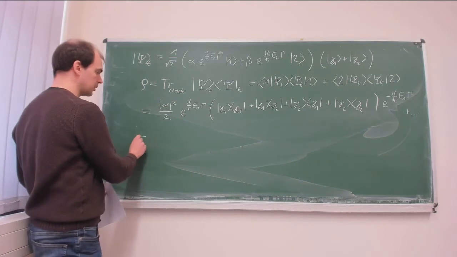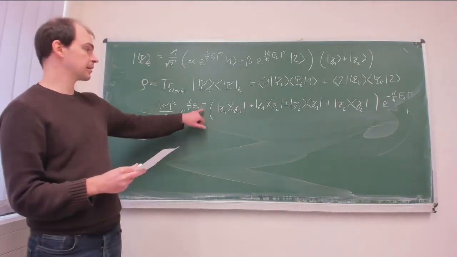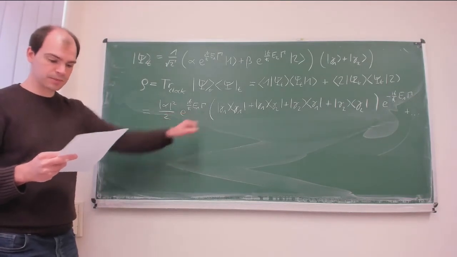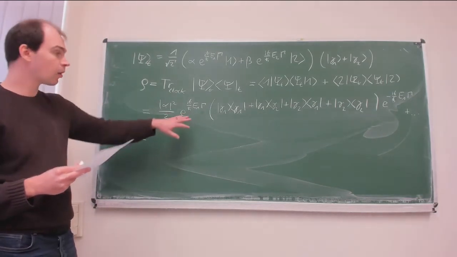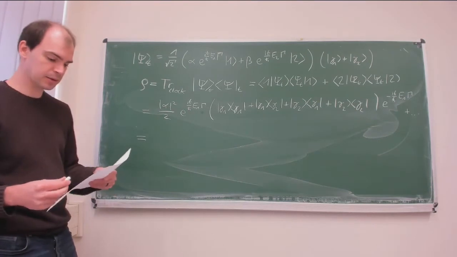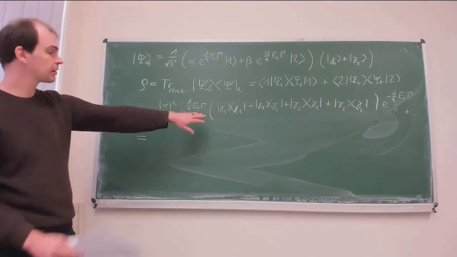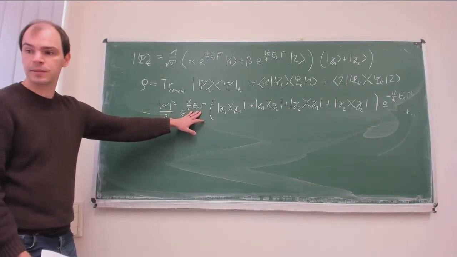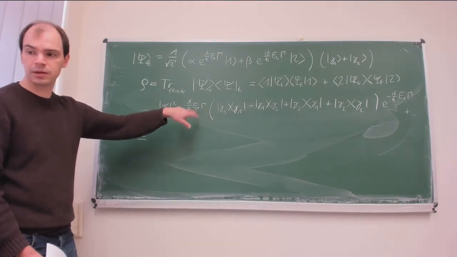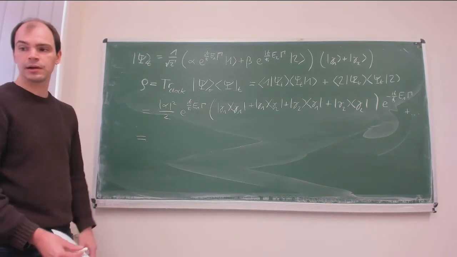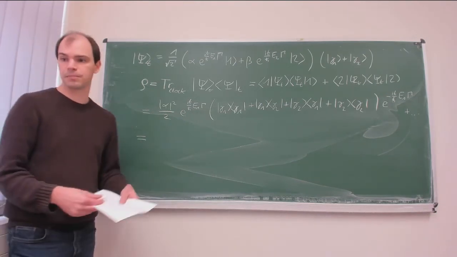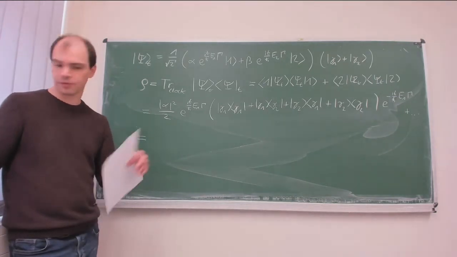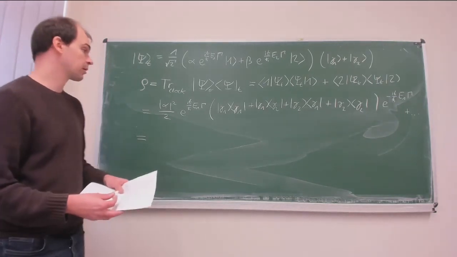So what we do now is we expand this in gamma to linear order. Because we know that gamma itself is already of order 1 over c squared, so higher order terms in gamma, gamma squared and so on, are not part of our first order relativistic approximation anyways.